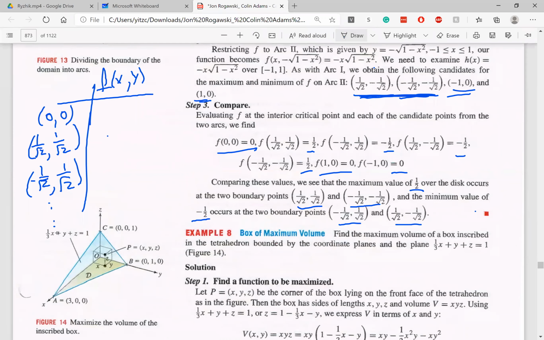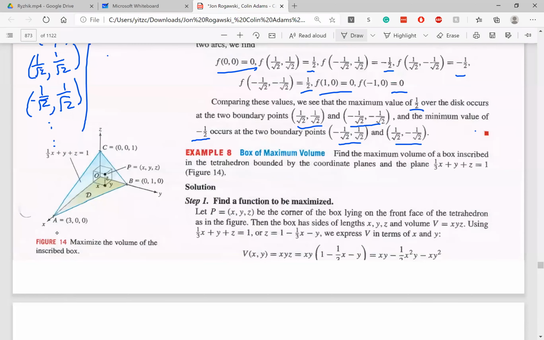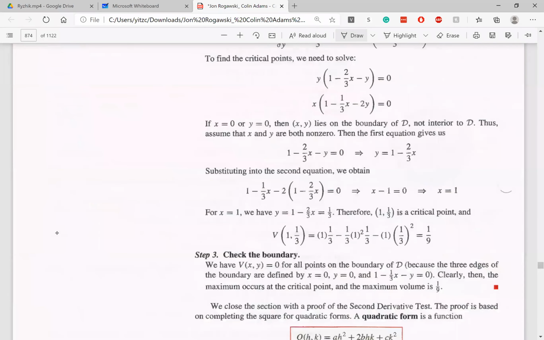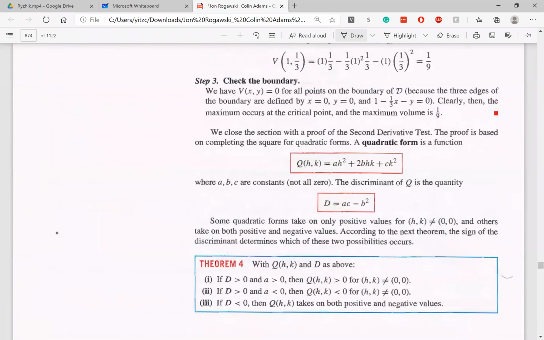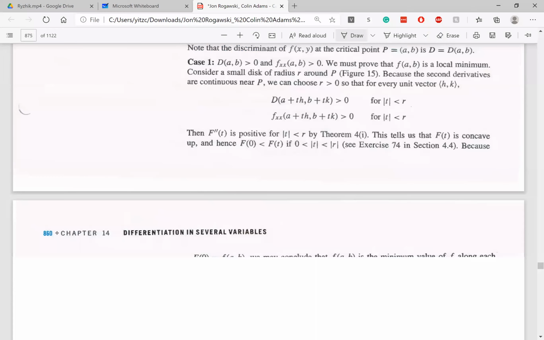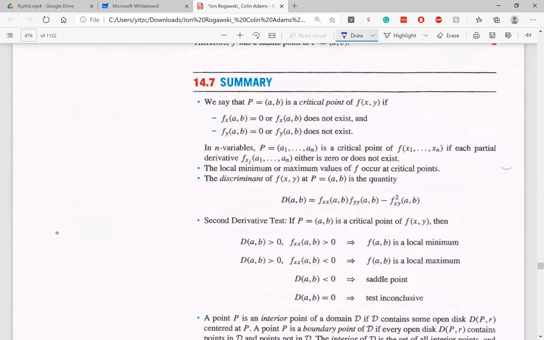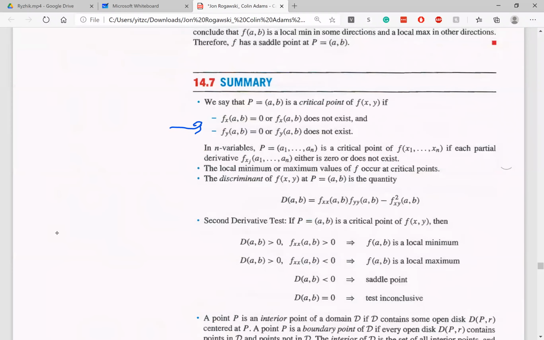Okay, so here's another example. I'm going to skip it, since this is the proof of the theorem of how this works, and let's go to the summary. So again, the critical points are where we set the partial of f with respect to x to be 0 and the partial of f with respect to y to be 0.